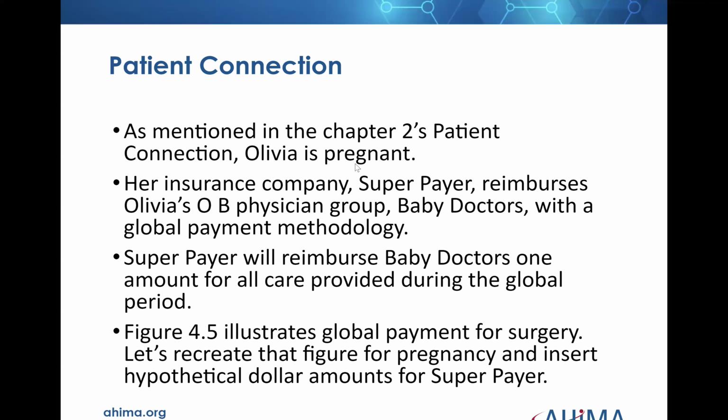So using the same type of rationale for Olivia's situation, where she has her insurance company, SuperPair, reimburses the OB group with a global payment methodology. And going back to our earlier example, they get one amount covering the entire episode of care. Let's take a look at what this is going to look like.